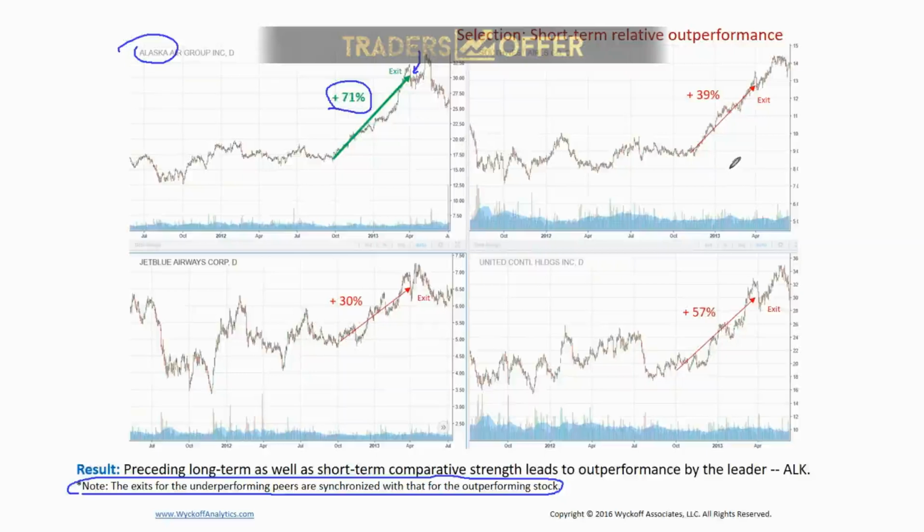When we look at other stocks, look at their returns: 39, 57, 30, and again, I'm using the same synchronized exit, and you could see how all of the stocks in the same group are exhibiting changes of character or some kind of reaction when Alaska is showing a change of character right there.